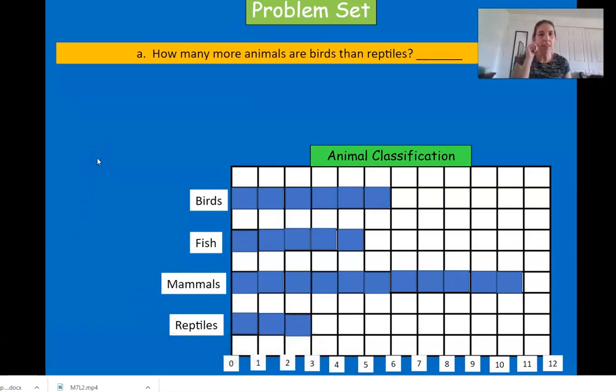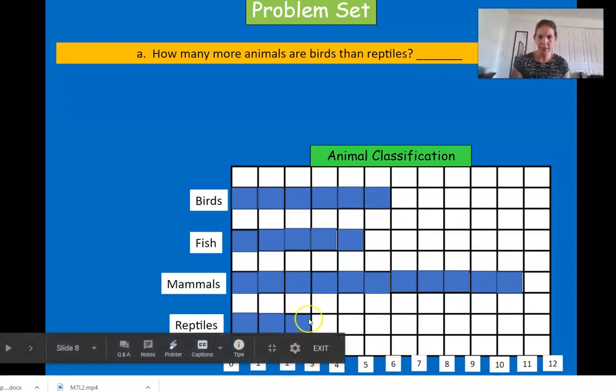And now that we have a bar graph, we can answer questions. So just like with our picture graph, we were able to look at the data and answer questions. We can use the bar graph in the same way. So let's look at this question. How many more animals are birds than reptiles? So how many birds do we have? We have, slide down, we have 6 birds.